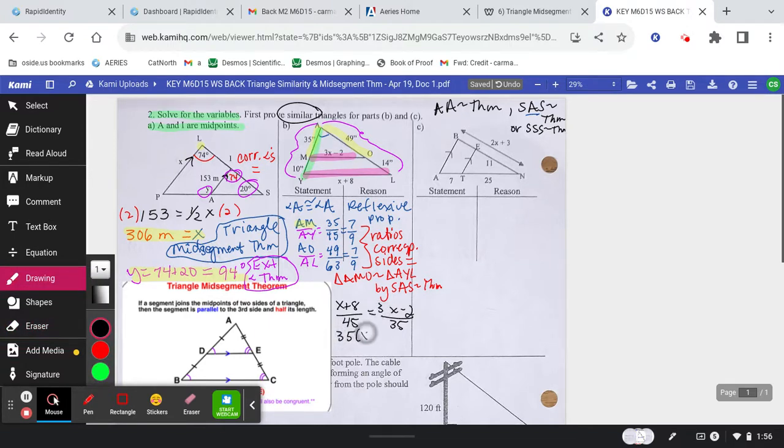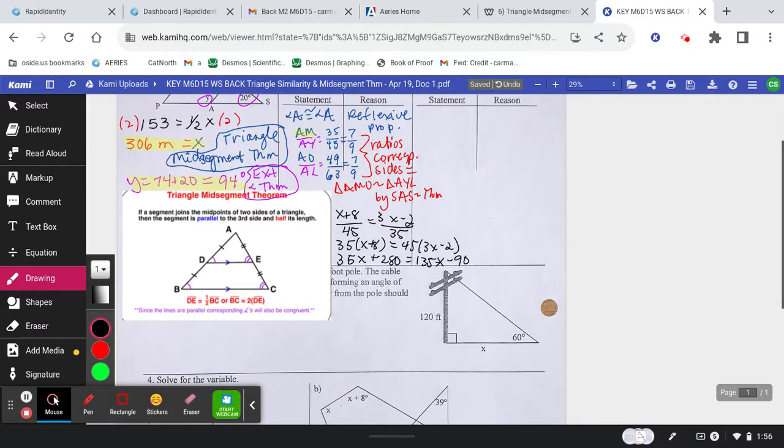So 35 times, I'm now cross multiplying, x plus 8 is equal to 45 times 3x minus 2. Okay, grab a calculator for that. 35 times 8 is 280. 45 times 3 is 135x minus 90. So now I'm going to keep solving this. 35x is on this side, 135 on this side. So let's minus the 35x this way.